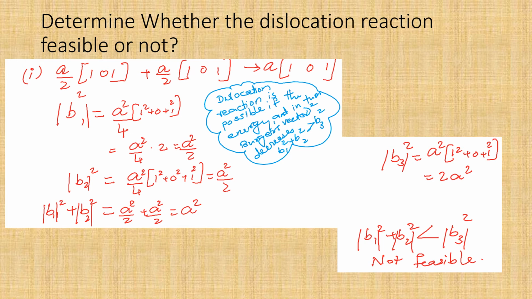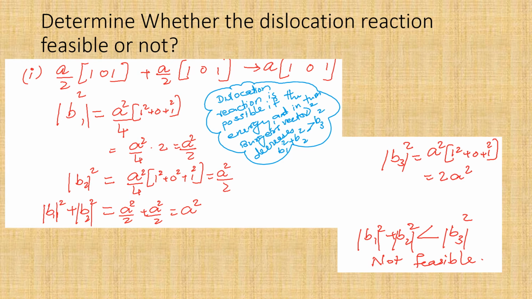For that, we have the rule. What is the rule? The sum of squares of the Burgers vectors before the reaction must be higher than the Burgers vector square after the reaction, because a dislocation reaction always tends to reduce the energy and tends to reduce the Burgers vector. So it has to reduce on the product side.